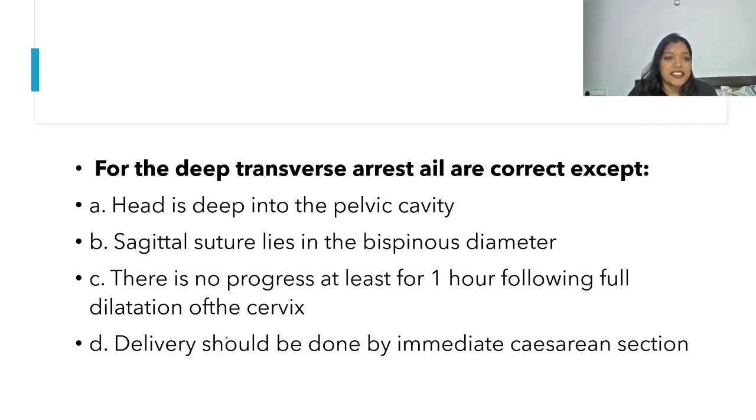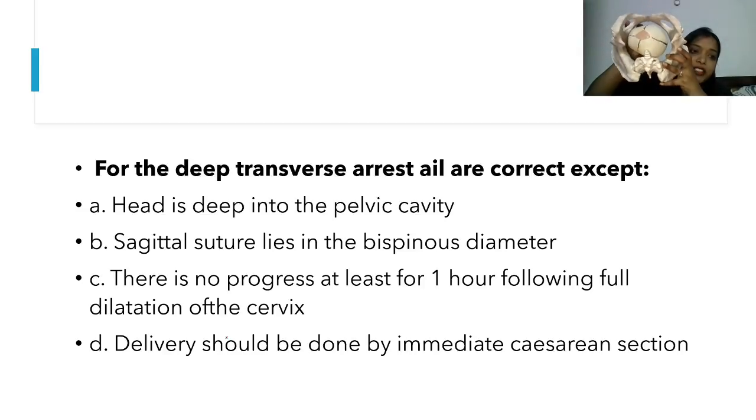I'm waiting for your answers. Okay, I have an answer from B. Okay, I don't know how to increase the screen size, but I have the pelvis and skull. So this is deep transverse arrest.